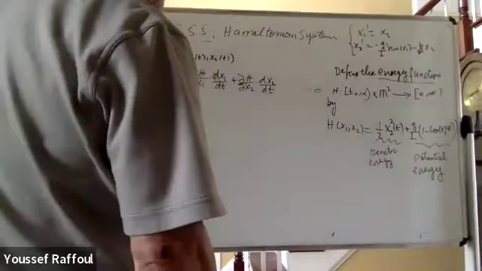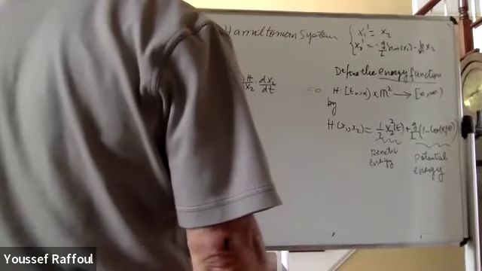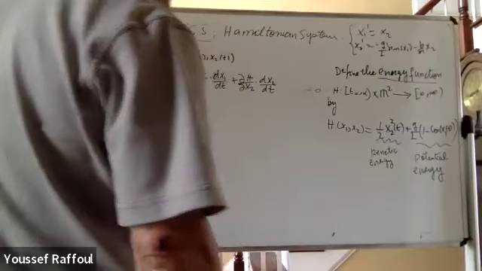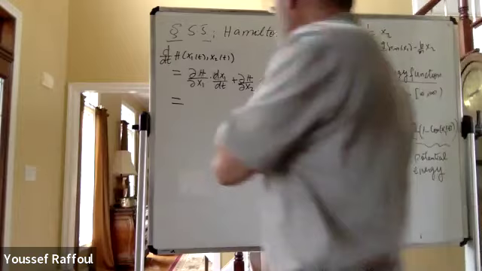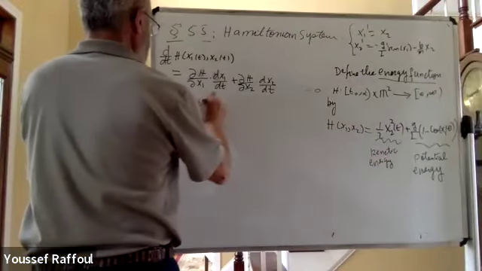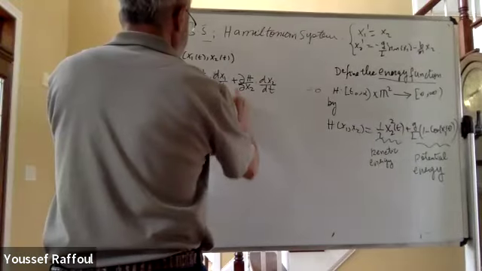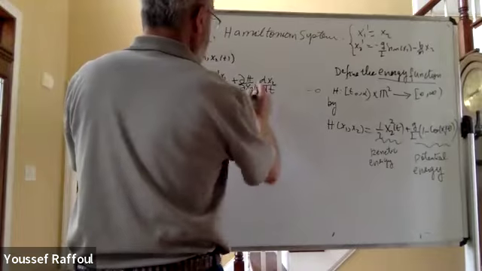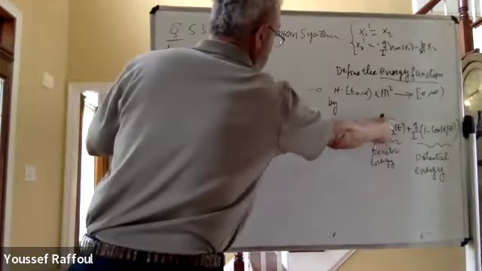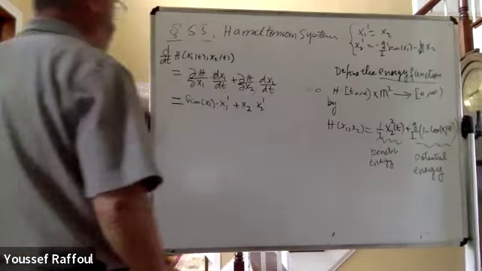Del H over del x1 is g over L sine x1 times x1 prime, plus del H over del x2 is x2, times x2 prime.